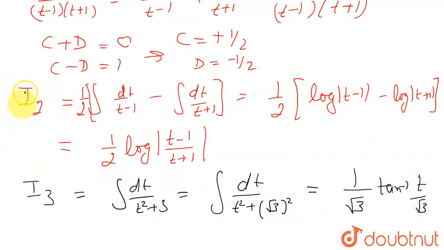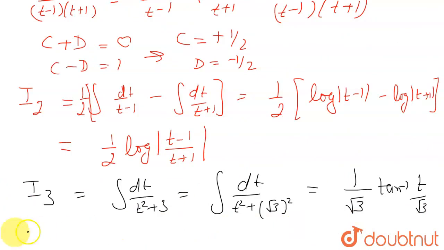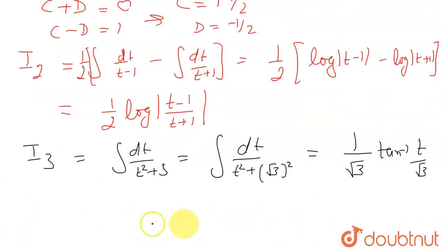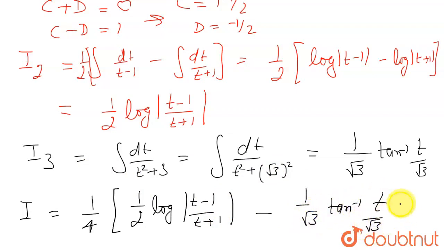Now if we put the values of I2 and I3 in the above equation, I is equal to 1 by 4 (I2 minus I3), so we will get our I as 1 by 4 times I2, which is half of log of (t minus 1) upon (t plus 1), minus I3, which is 1 by root 3 tan inverse t by root 3.